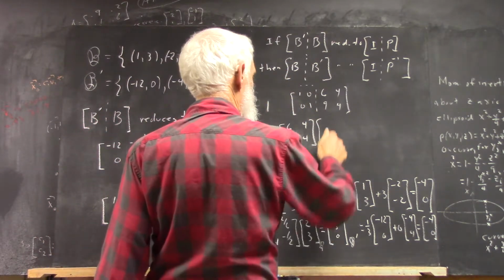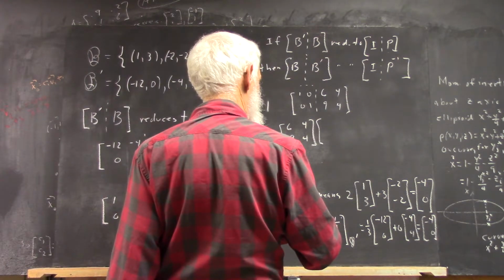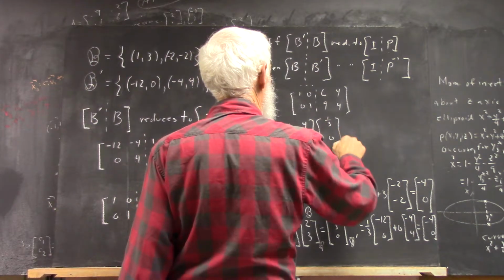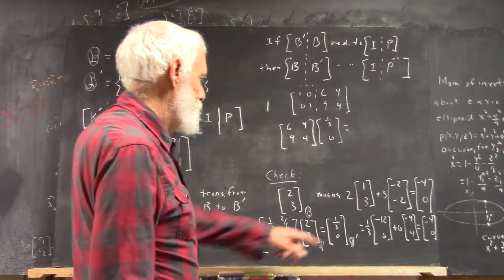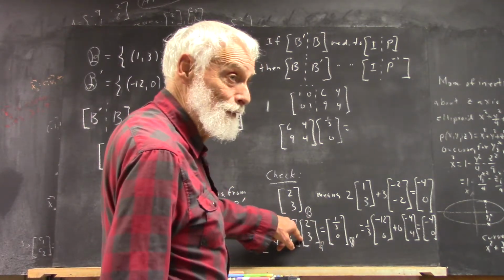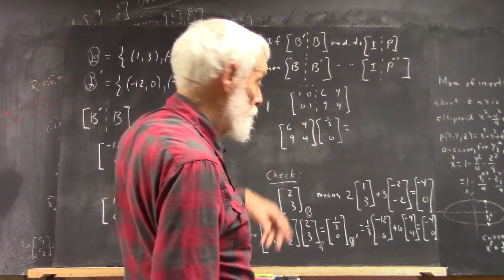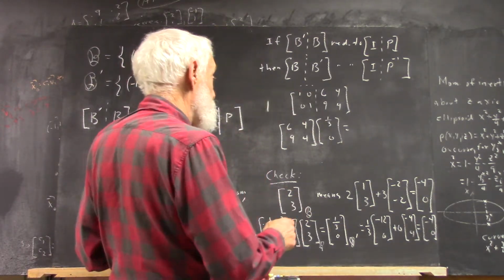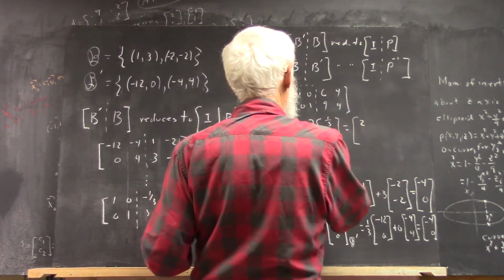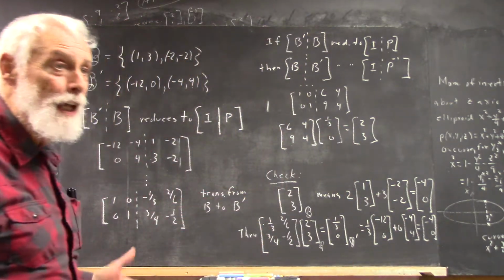So if we do this times one-third, 0, which is the matrix we got for this one, we should get this, right? And you maybe want to think about why. I'm not going to go into a detailed explanation because I probably have to write it out. But if I do this, I get 1/3 of 6, which is 2, and 1/3 of 9, which is 3, and it worked. It has to.